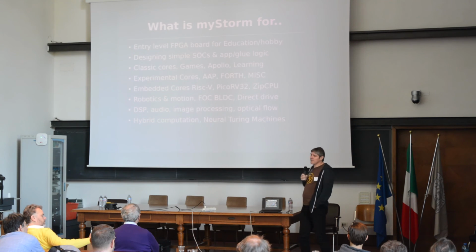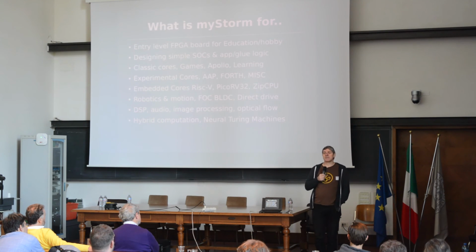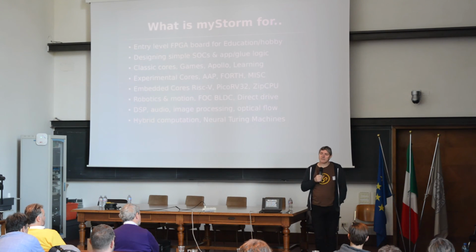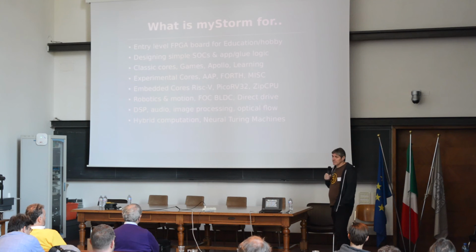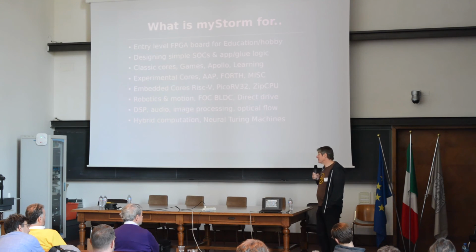Hybrid computation, this is an interesting one. We've seen quite a few talks that talk about accelerating AI, and I'm not talking about accelerating the training here. The training would take place in a normal mechanism using, you know, GPU graphics cards or online parallel concurrent cloud services. But in terms of the small inference machines, you can actually build some fairly small sensor-based neural network sort of stuff on these as well.